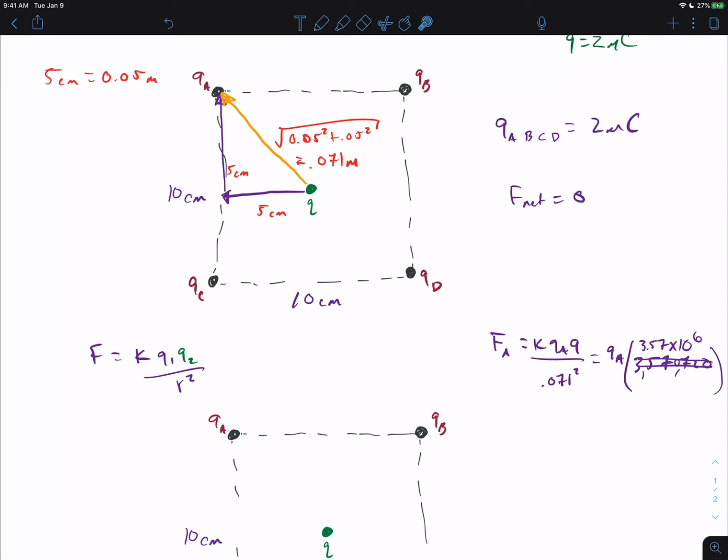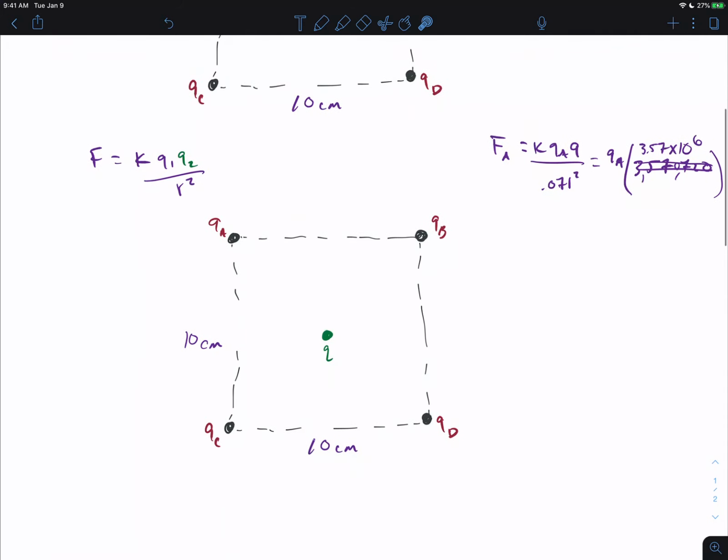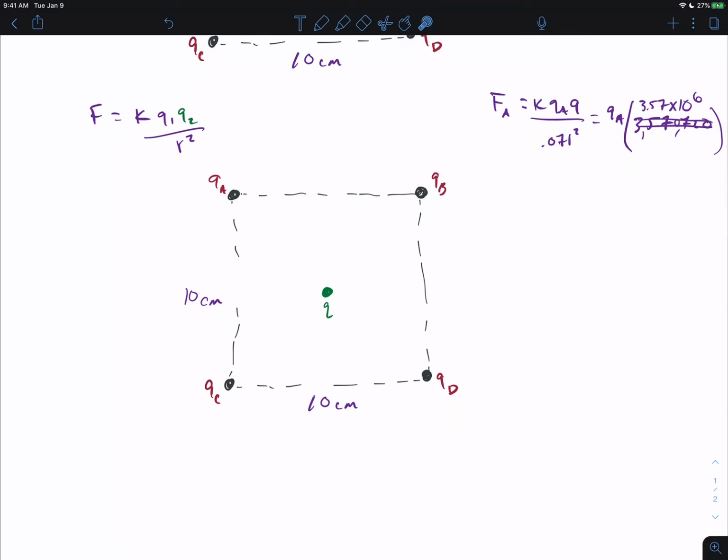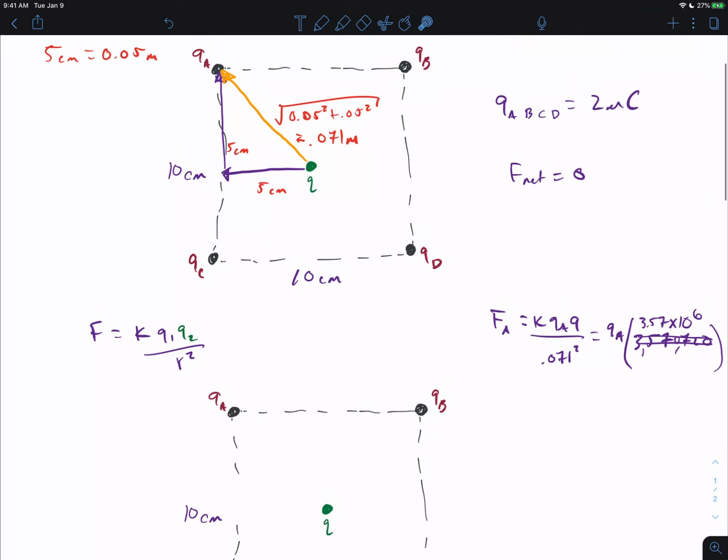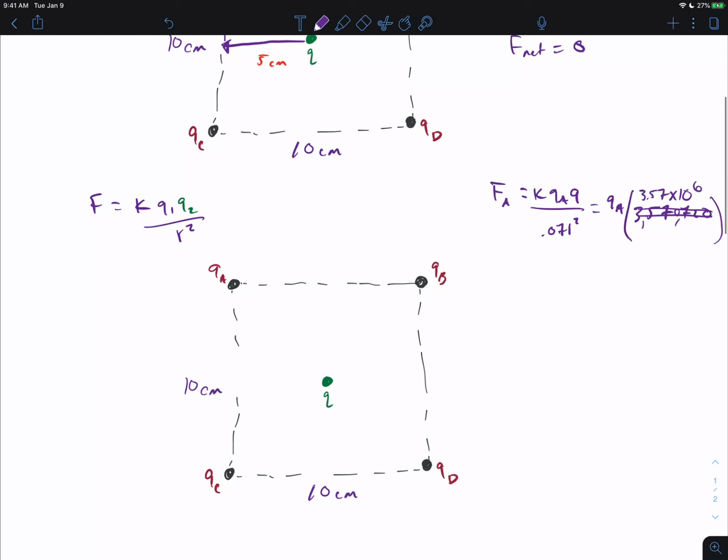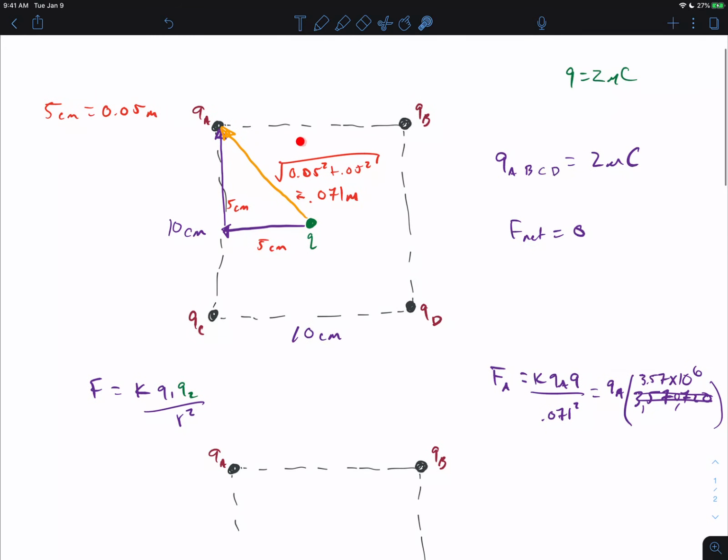Now, in terms of the actual direction of the force, what we need to do is find this angle. Let's do this up on our notes triangle.